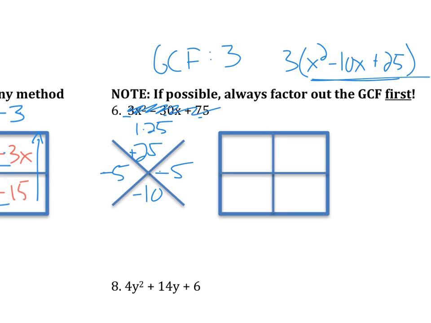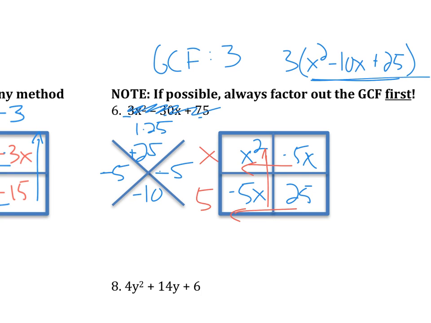Now I'm again just dealing with this, so I get x squared and 25 here. Negative 5x, negative 5x. Factor out, that gives me a 5. Factor out, that gives me an x.